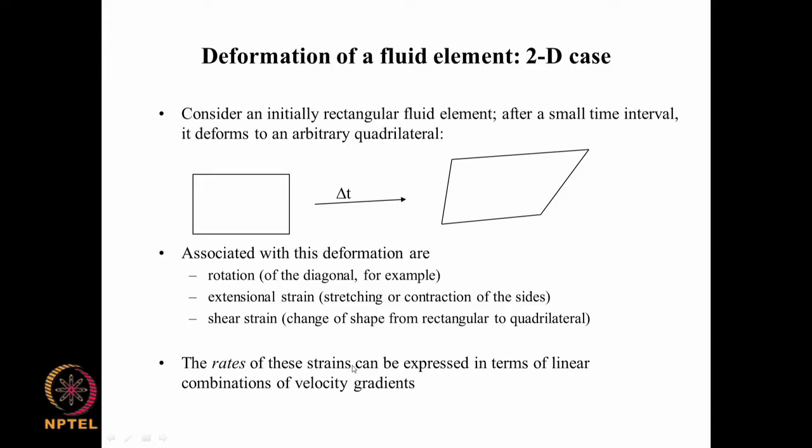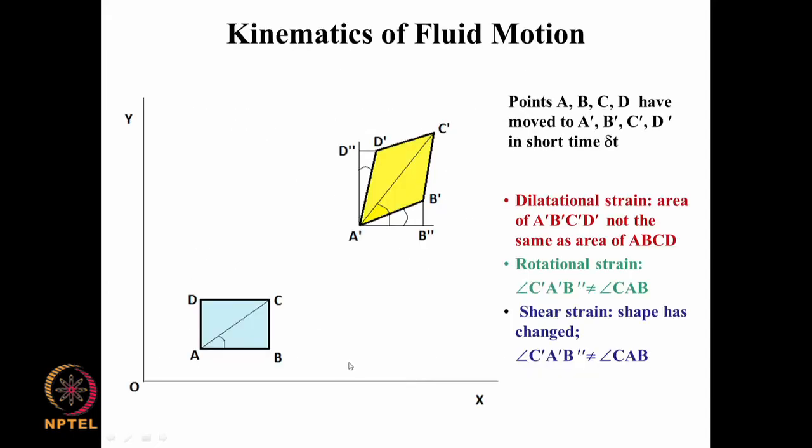So, this is what we will see in the kinematics of fluid motion, and we have put essentially the same thing here in some color. You have xy coordinate system and you have points A, B, C, D with some defined diagonal angle here, and after a short time A has gone to A prime and B has gone to B prime here, and C has gone to C prime and D has gone to D prime.